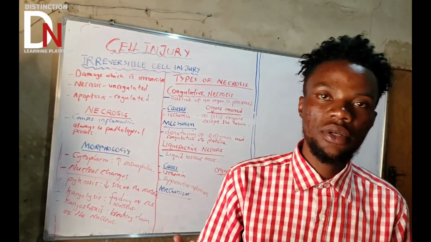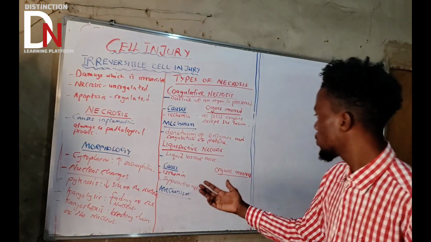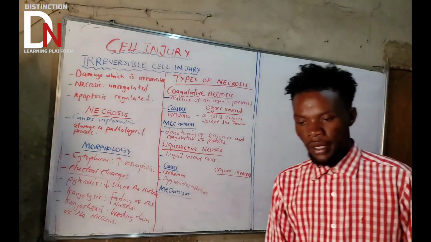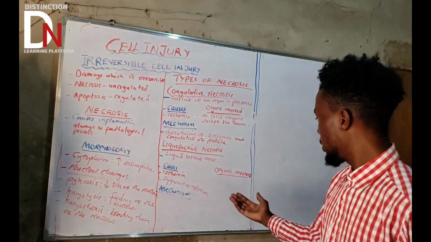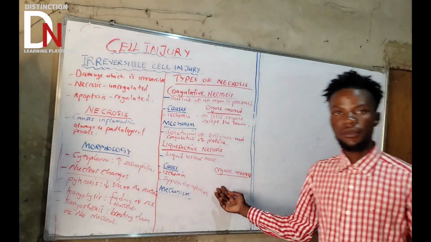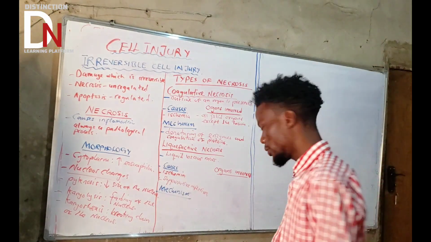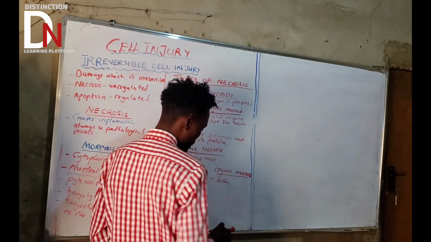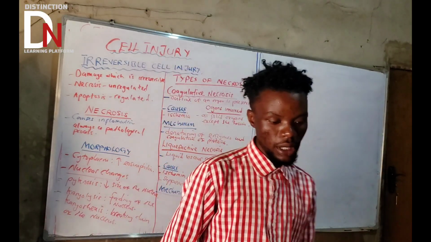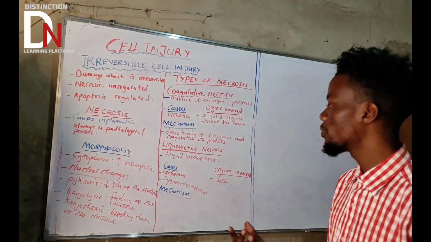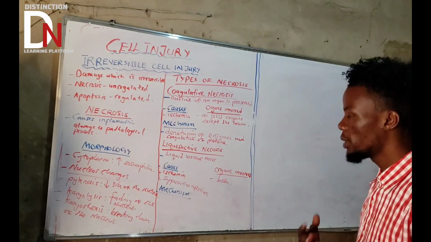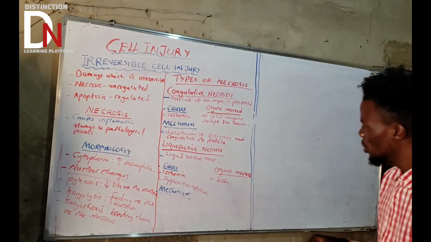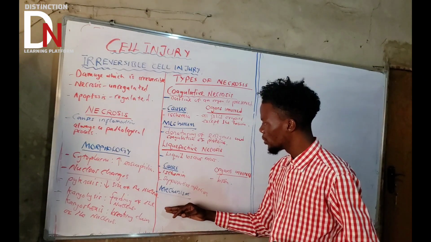So infection can also cause liquefactive necrosis. Now we already know the organ that's going to be involved here is the brain. That's simple. The only organ that can be involved in liquefactive necrosis, basically, just know that it's the brain.